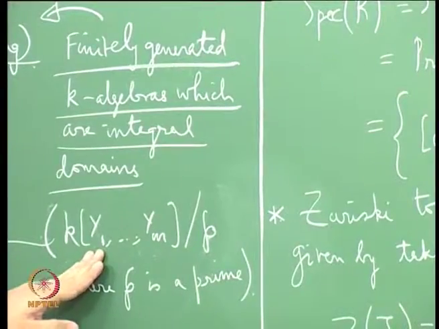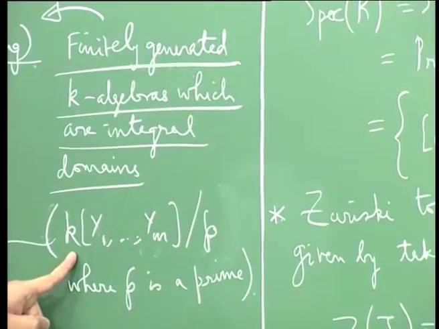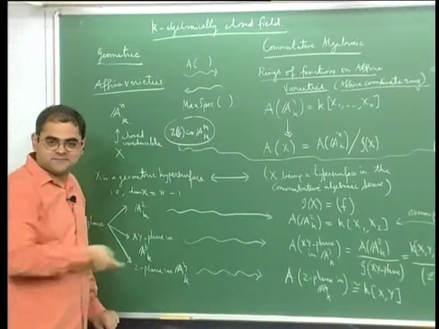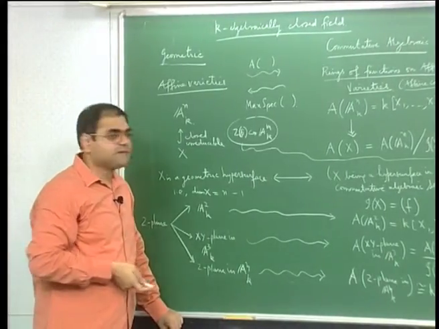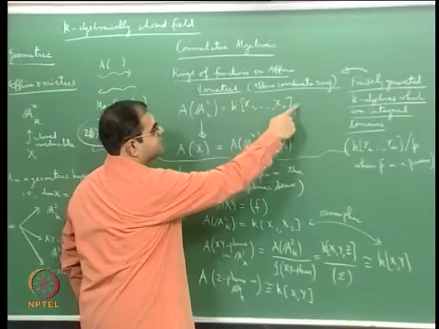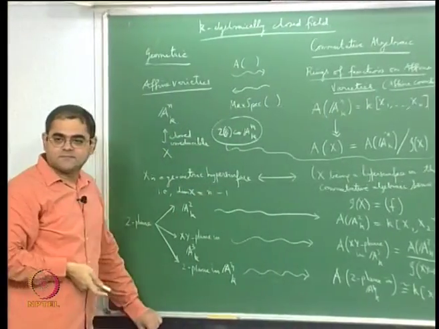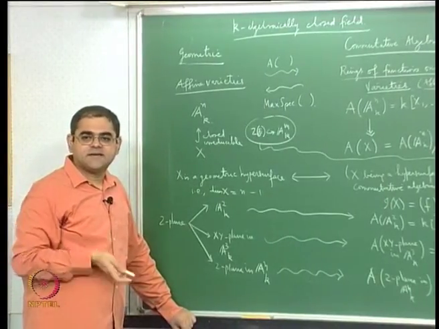The beautiful thing is that if you take max spec of this along with that topology, it will be exactly homeomorphic to Z of P. In particular, if you take max spec of this, you will simply get back affine space up to homeomorphism. We have already seen this in the Nullstellensatz.